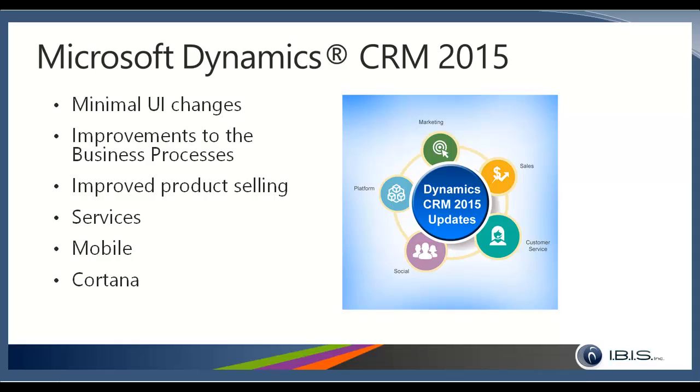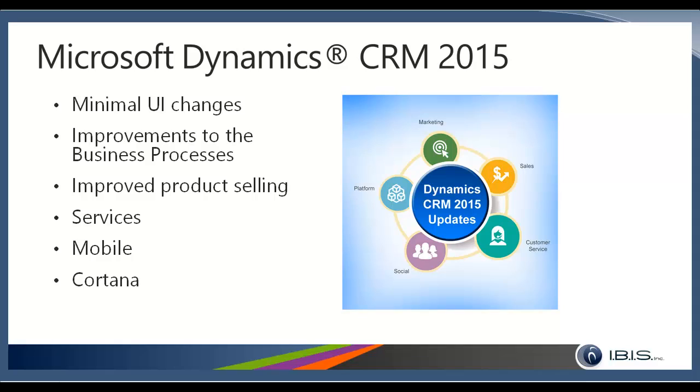There's also been a radical shift in the way the business processes work, specifically when you're moving from opportunities to quotes. There's a process where you can implement something to automatically do it for you. This is a big improvement from what was there in 2013.